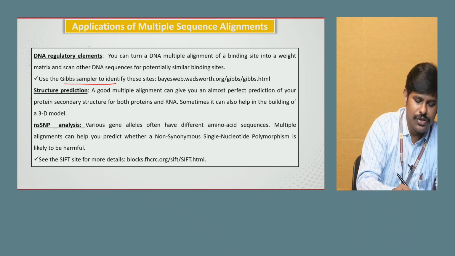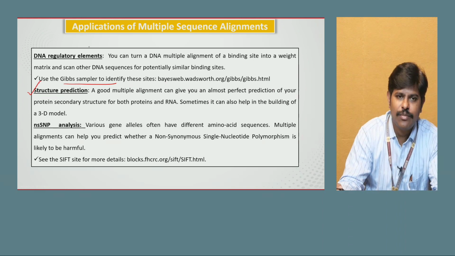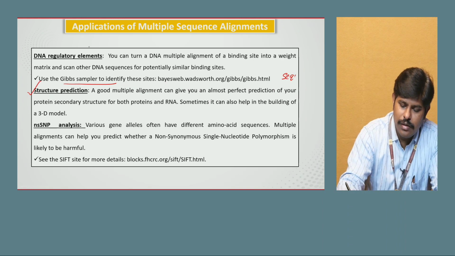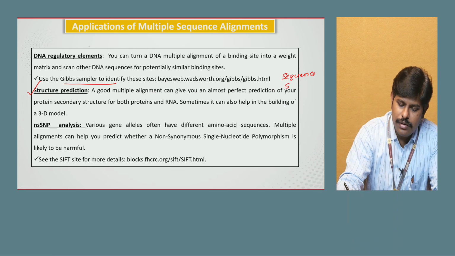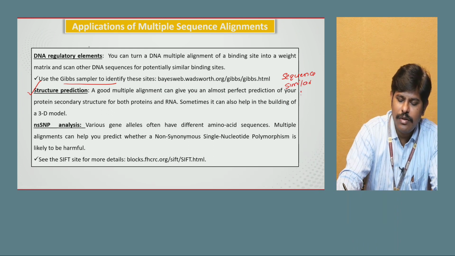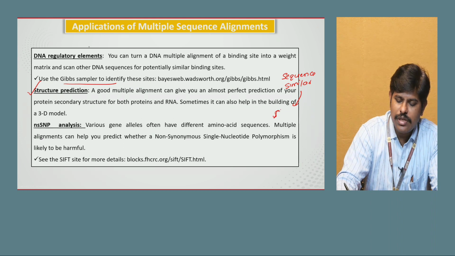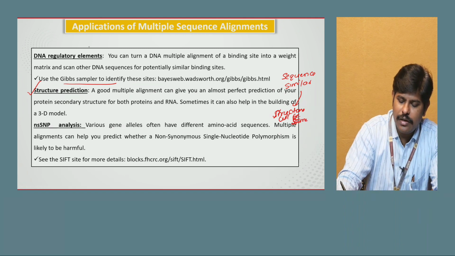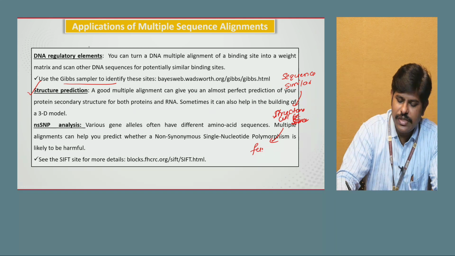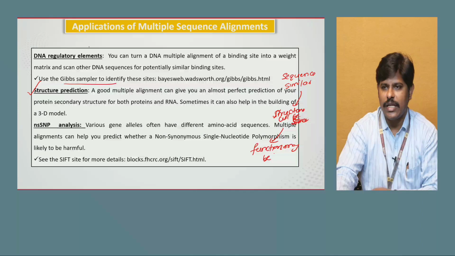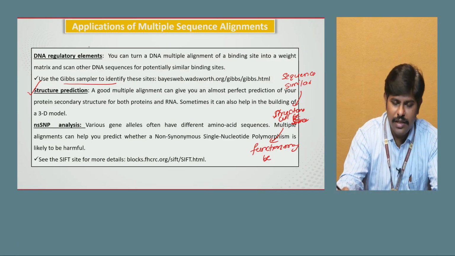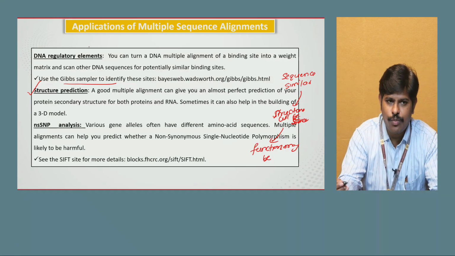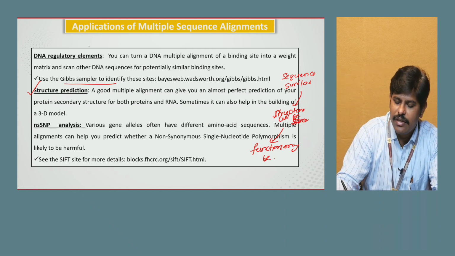Just now I told you about structure prediction. The logic is very simple. When sequences are similar, that means the structure will be the same or similar, and then the function may be the same. So, in multiple sequence alignment, if you find sequence similarity, that indicates it is structurally also the same at the protein level and the function will be the same here.